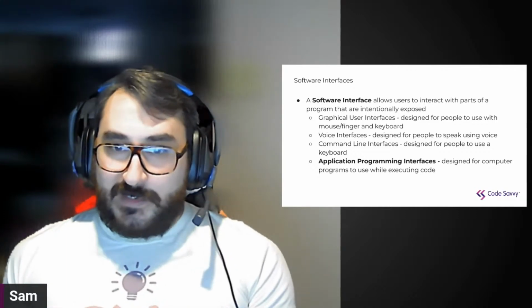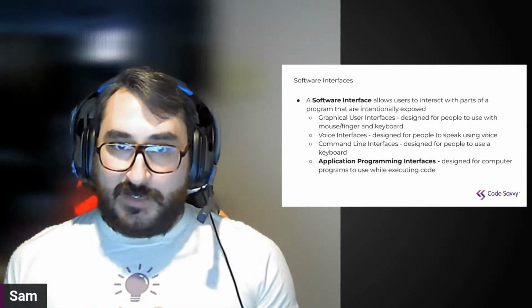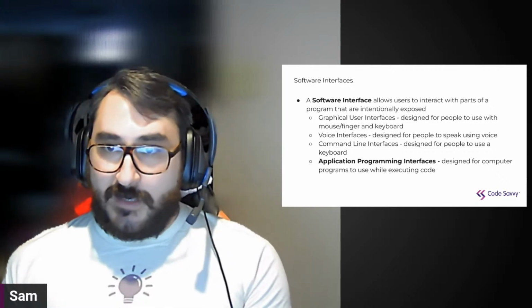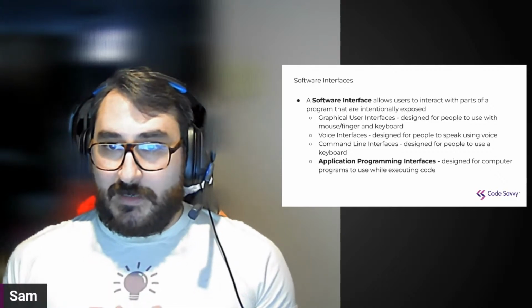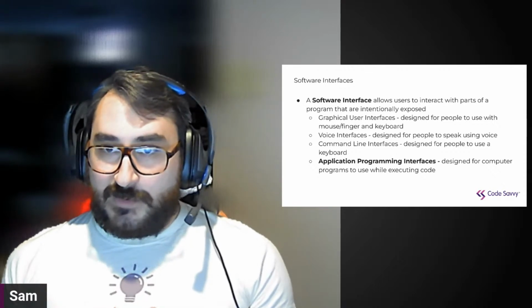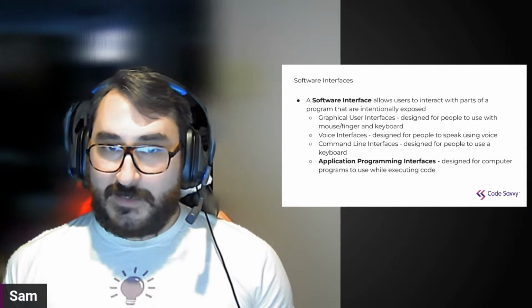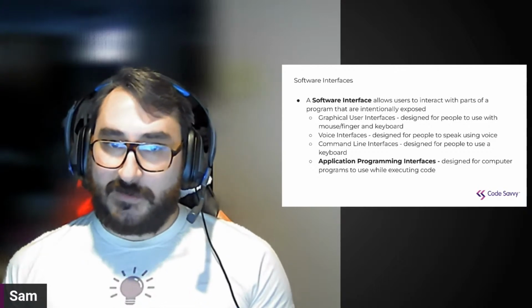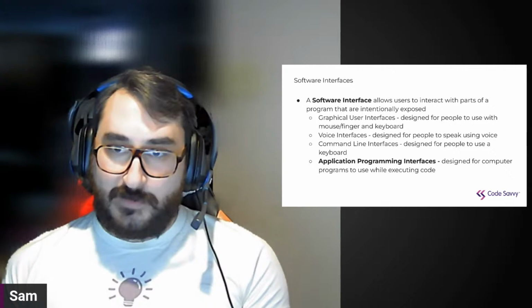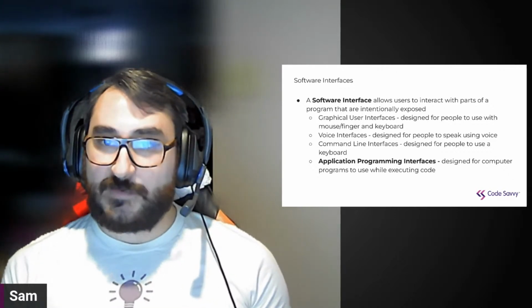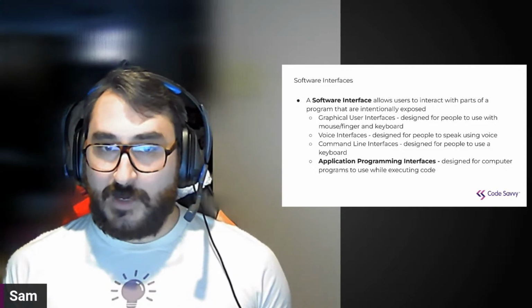So before we can get into APIs, I want to talk about software interfaces. And when we, as engineers, write software, we usually want our programs to have some sort of interaction with the user. And a lot of us are familiar with different types of interfaces like graphical user interfaces, which might be an app on our phone where we're clicking things with our finger, might be a website we're on and we're using our mouse and keyboard to interact with it.